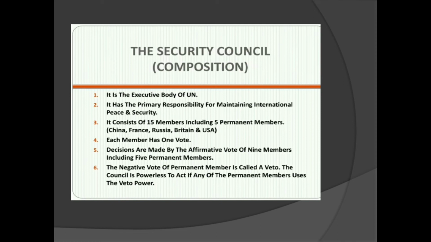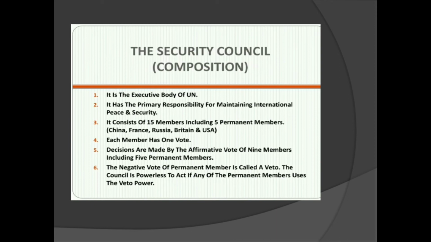The non-permanent members include 5 nations from Afro-Asian countries, 2 from Latin American countries, 2 from West European countries and other countries, and 1 from an East European country.